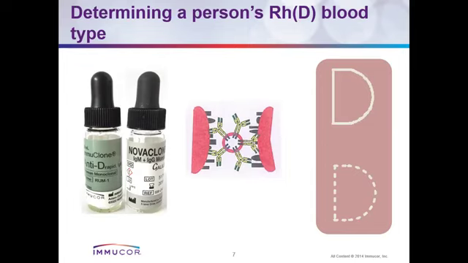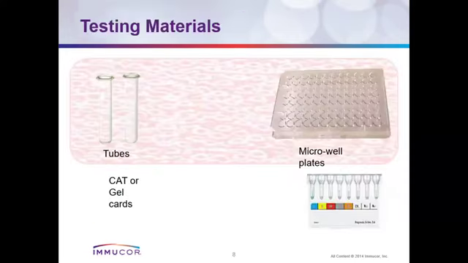So we use anti-D to determine our rhesus factor. So which test methods do we use? I would encourage us to use the tube method and the microplate. The microplate is basically for blood bank settings. In hospitals, you can comfortably use the tubes.